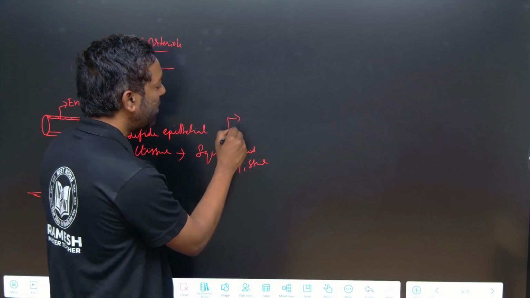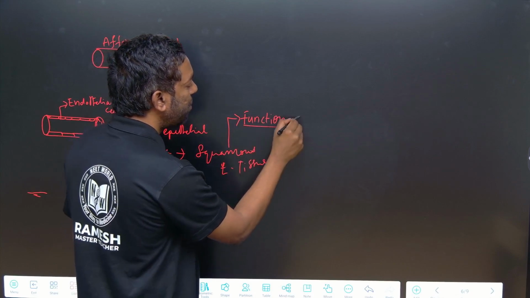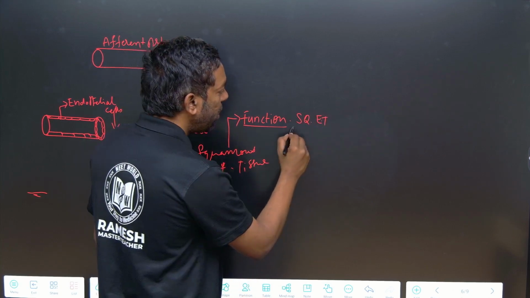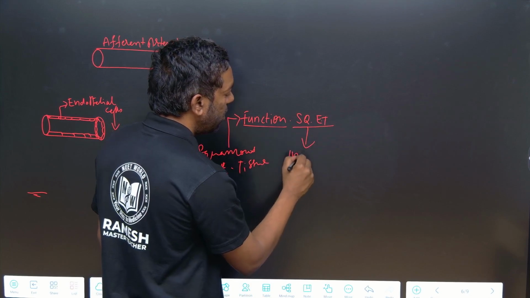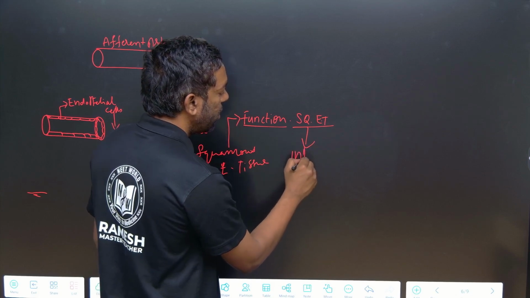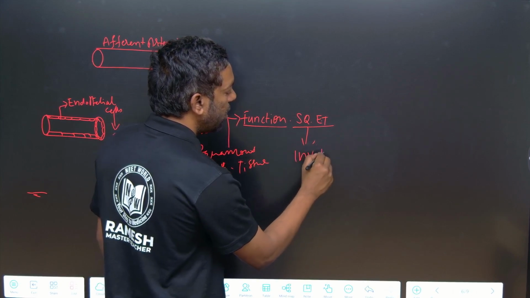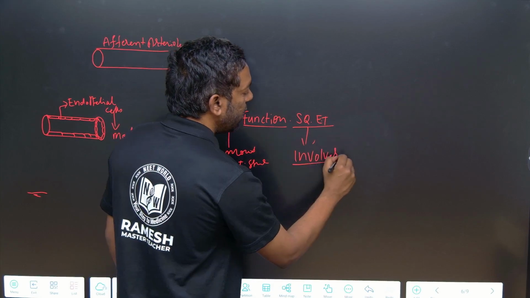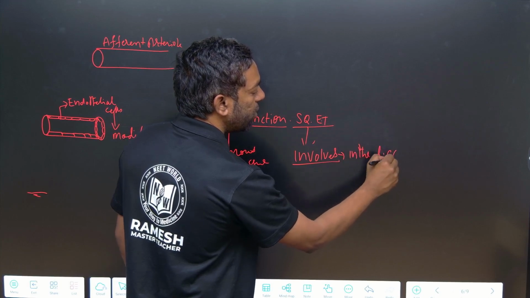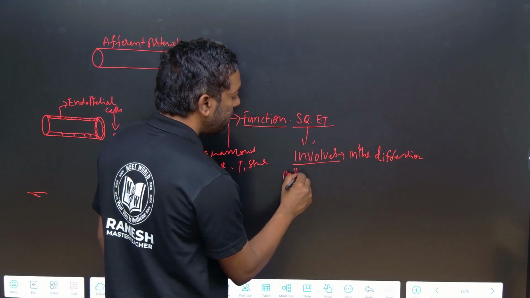Squamous epithelial tissue is involved in diffusion and in filtration.